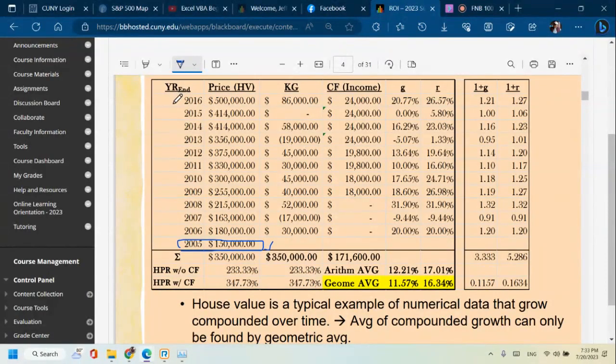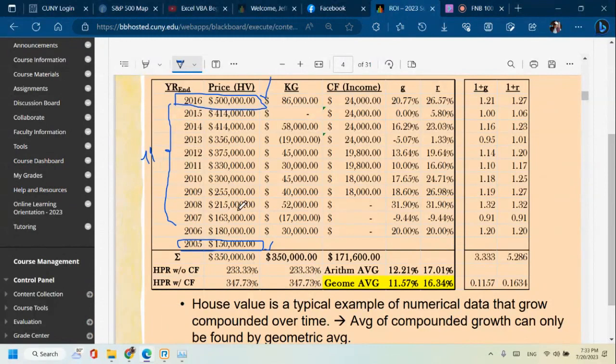And you sold it at the end of 2016 for 500K. So the holding period was exactly 11 years.